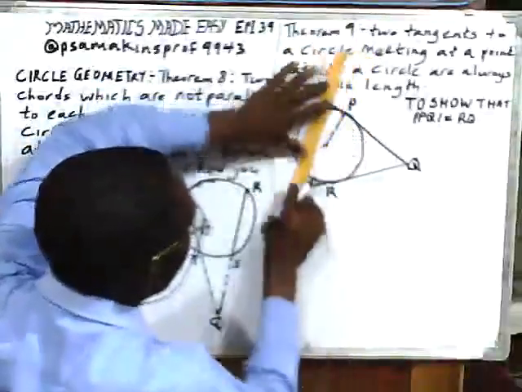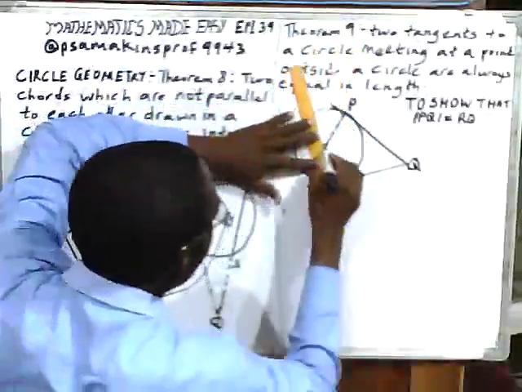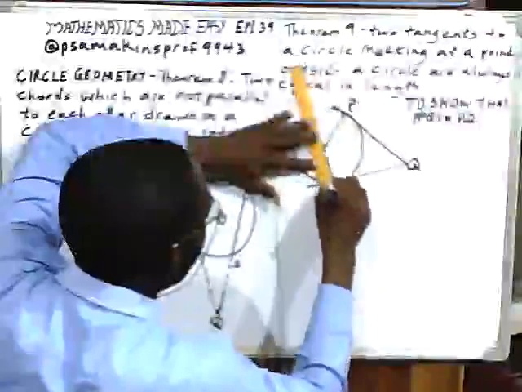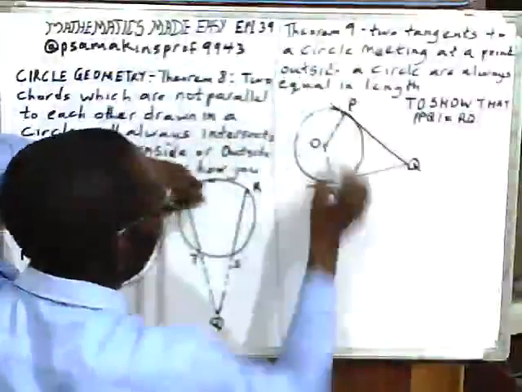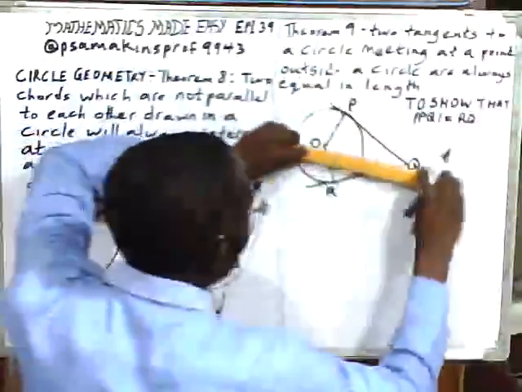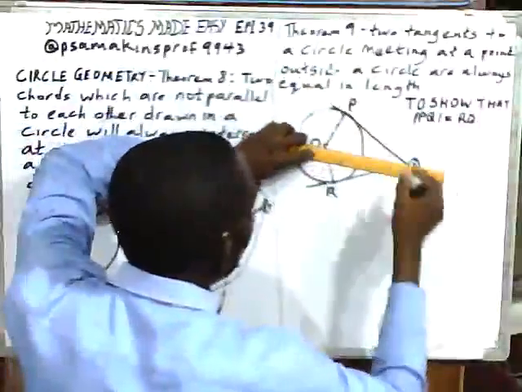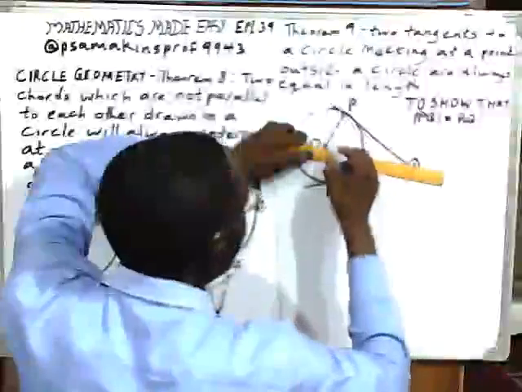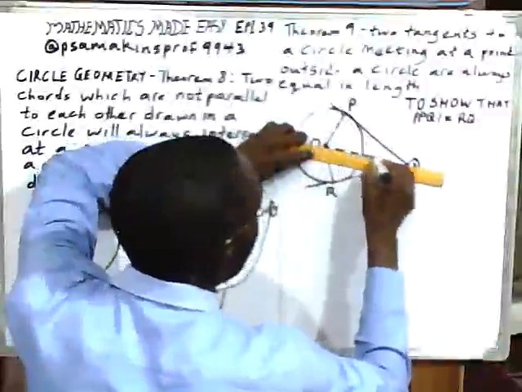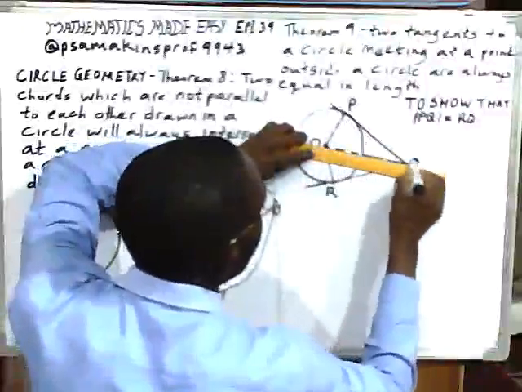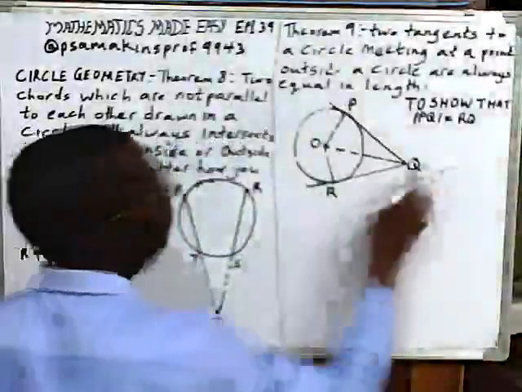If we join P to the center of this circle and also join R to the center of the circle, let's call the center O. Then we draw a straight line to join at point Q. What we are saying is that we want to prove that line PQ is equal to RQ.